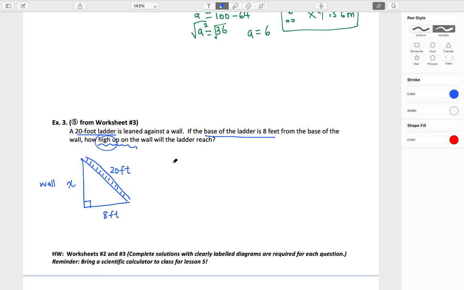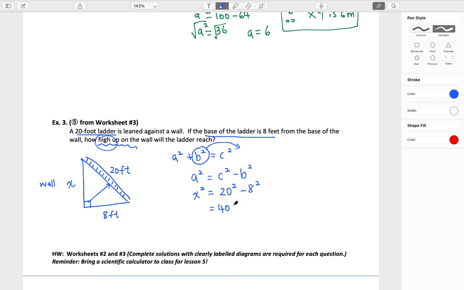So let's set up the equation. So it will be a squared plus b squared equals c squared. But because we're looking for the leg and we're given the hypotenuse, I could move b squared to the other side. So a squared equals c squared minus b squared. And then we can plug it in. So x squared is equal to c squared, which is 20 squared, minus 8 squared.